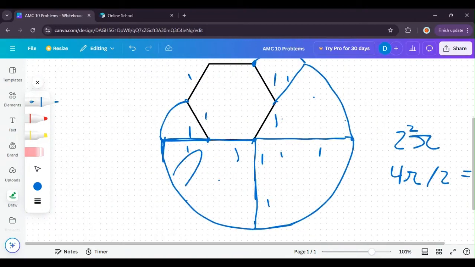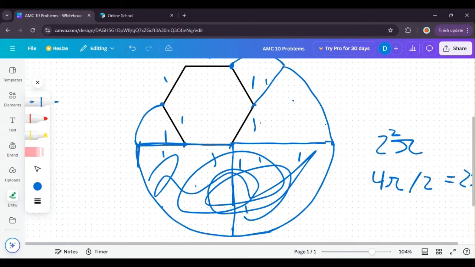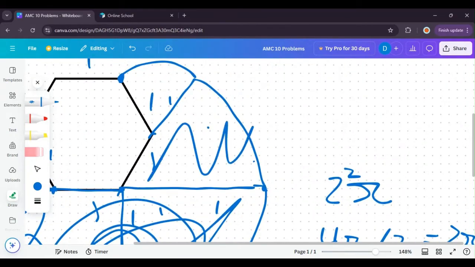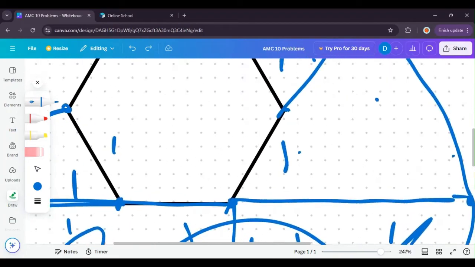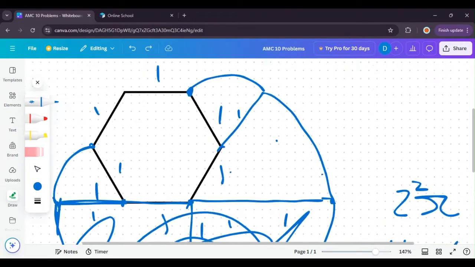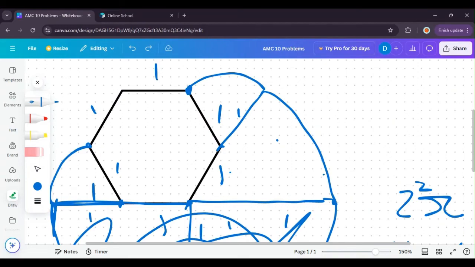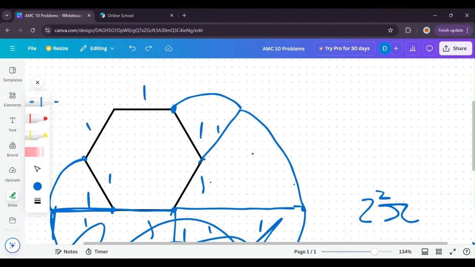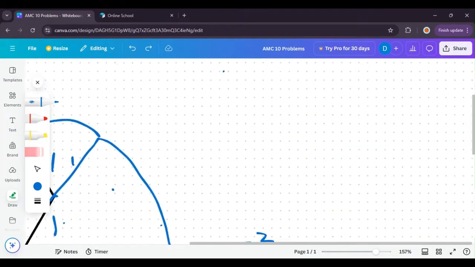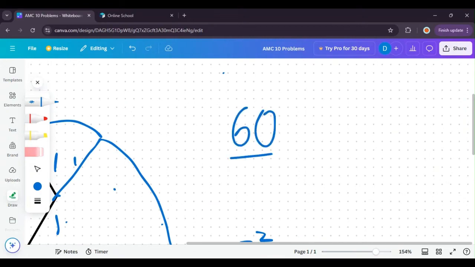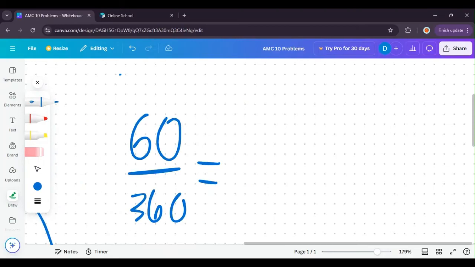So we already covered this entire area, and we can cover this entire area now. Because this is a hexagon, we know that this angle is 120. Because this entire line is 180, that means this angle is 60. If it's 60, the total for the circle is 360, so that means it's 1/6 of the total area.